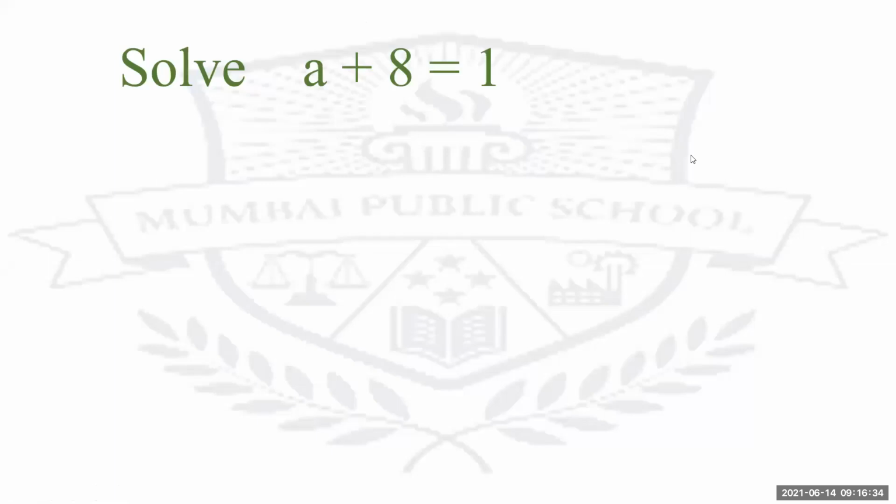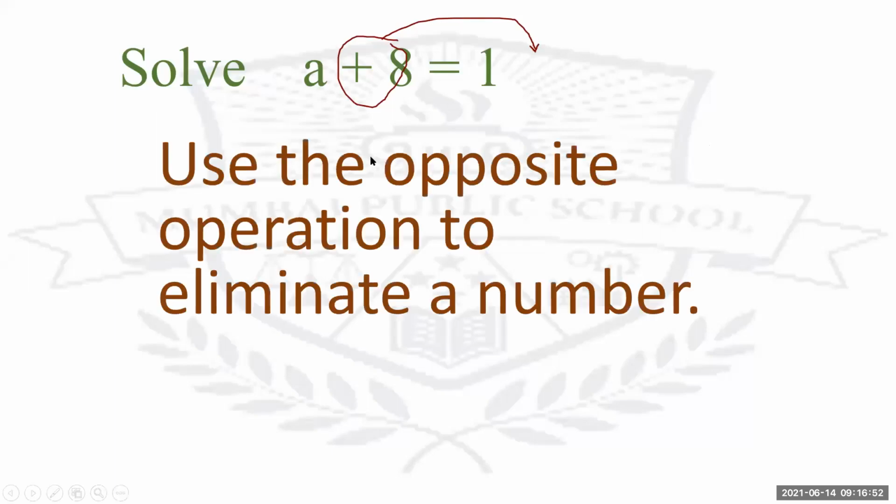Okay, very good. So you'll just change the position of plus 8. When it goes to the other side, a positive number becomes negative. And if you're getting confused with this, the other thing is, use the opposite operation to eliminate a number.